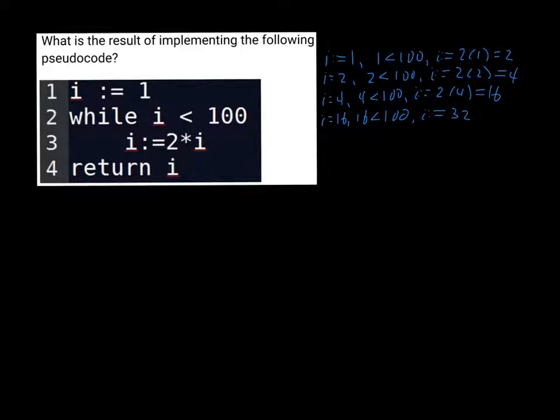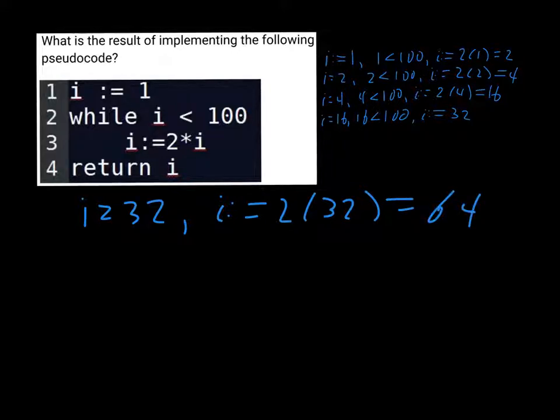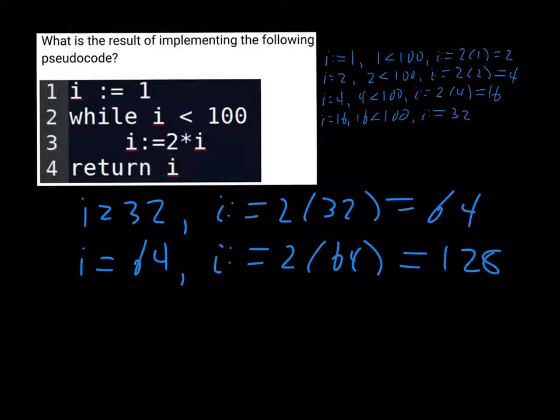So what's ultimately going to happen is, I'm going to stop writing all of this out and just look and see how I changes. So we go from I equals 32, then I is going to be 2 times 32, and we'll get 64. So I is equal to 64. Then I is going to be reassigned to be 2 times 64, which is 128.